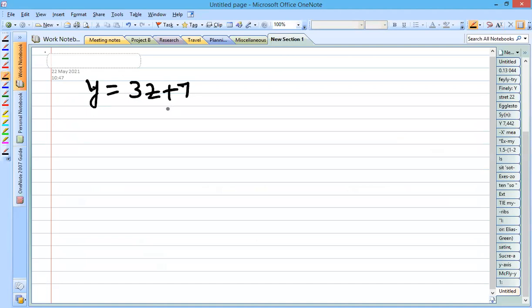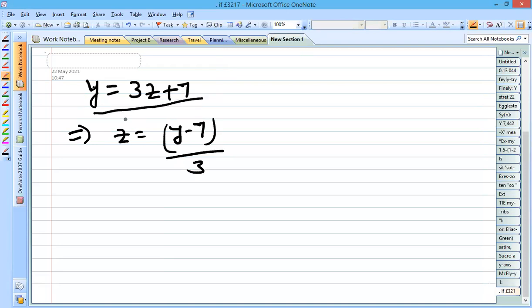So we get another random variable y with the help of the Gaussian random variable z. Now from this we can write z as y minus 7 whole divided by 3, right? So from this equation we can write the reverse function for z. Here z is equal to y minus 7 by 3.